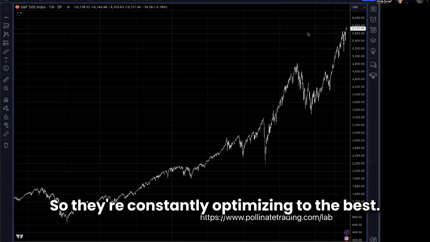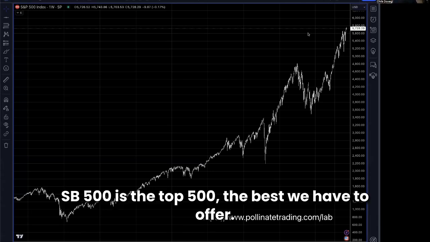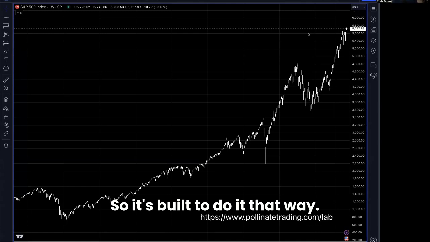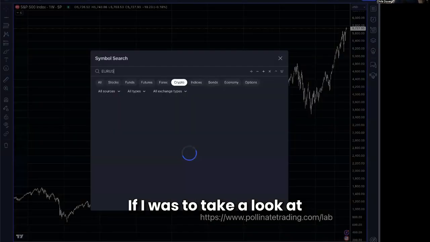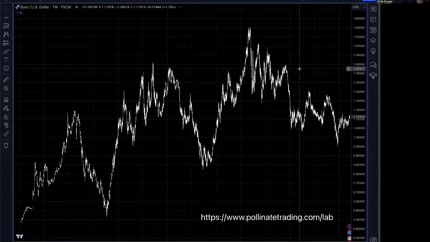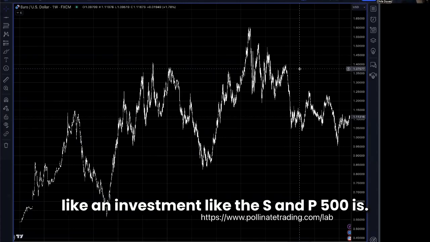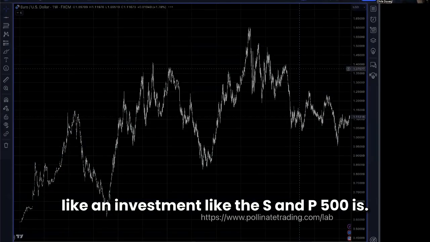So they're constantly optimizing to the best. Okay, so the S&P 500 is the top 500, the best we have to offer. So it's built to do it that way. If I was to take a look at something like the euro, it's not built that way. The currency is not built to go up like an investment like the S&P 500 is.